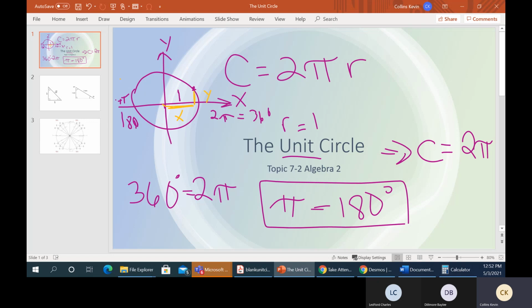So this point right here will have some x value and some y value.